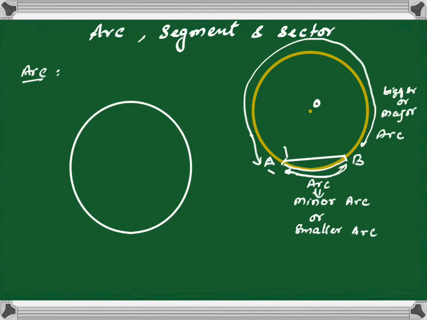If I divide this from anywhere and draw a chord A and B, one becomes the minor arc, this complete part, and this larger side becomes the major arc, or bigger arc.